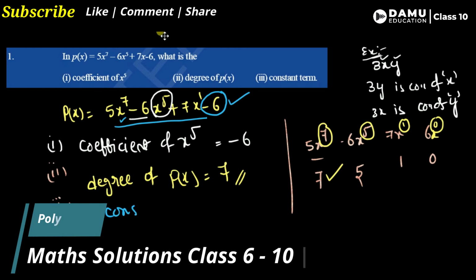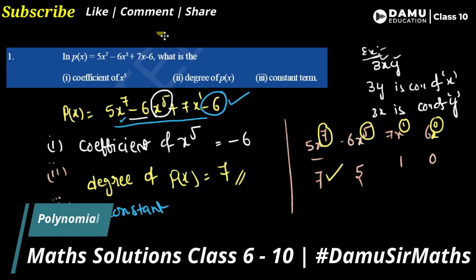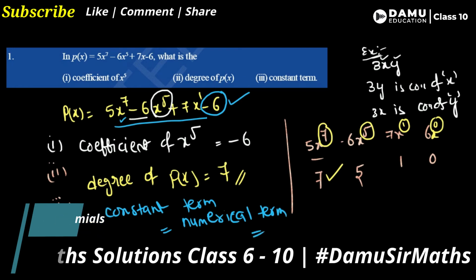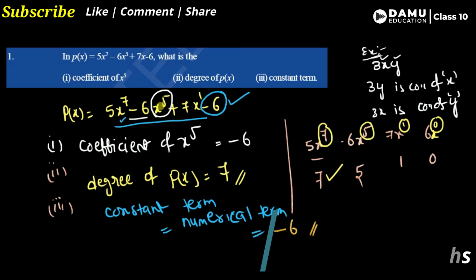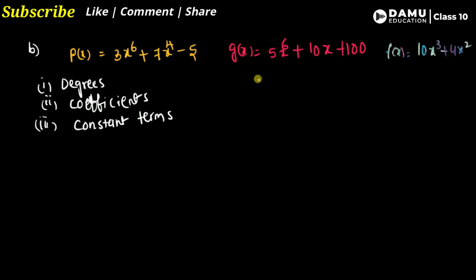So constant term, or you can write it as the numerical term, will be equal to minus 6.